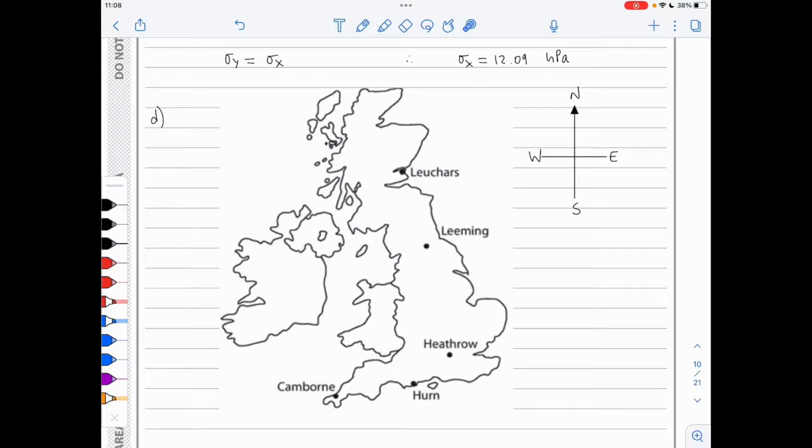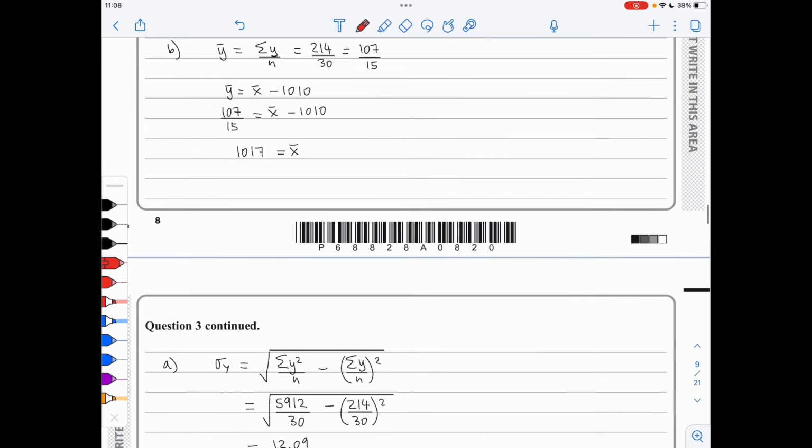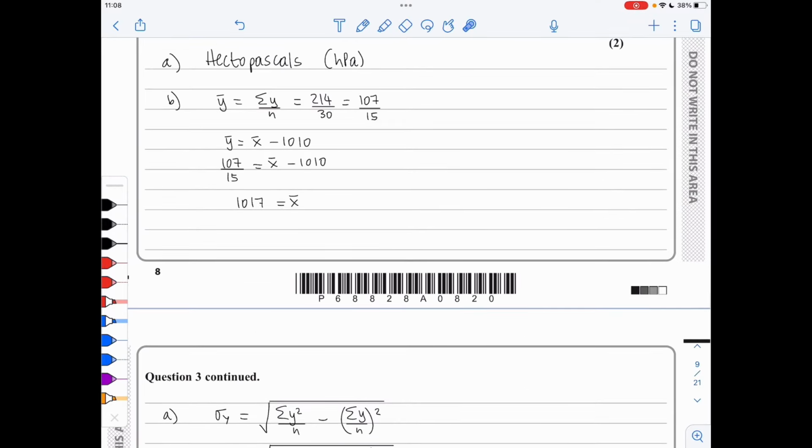We know that in Heathrow it was 1029 on this day, the mean pressure, 1029. In Hearn it was 1028. In Leuchars it was 1028.